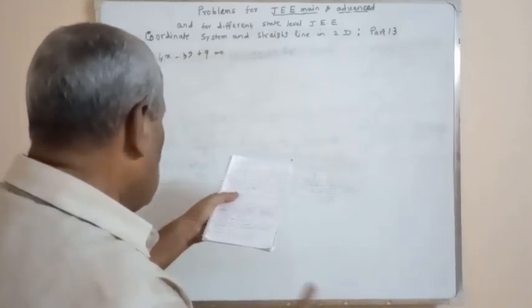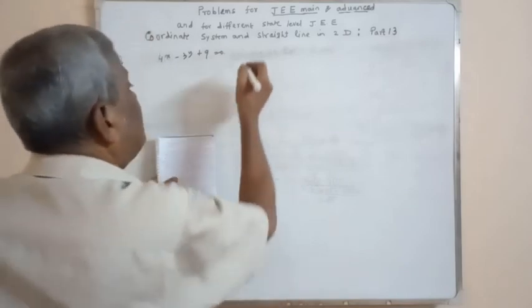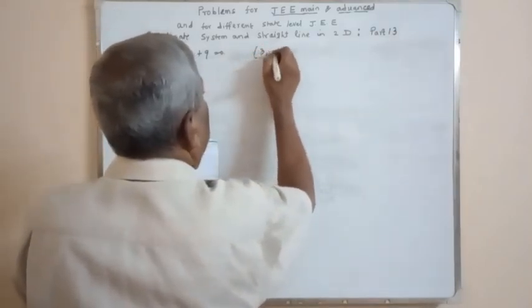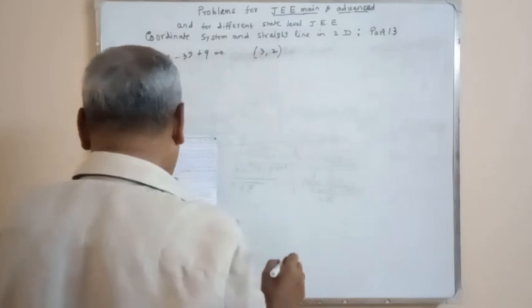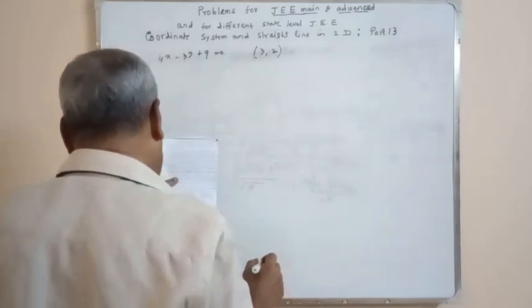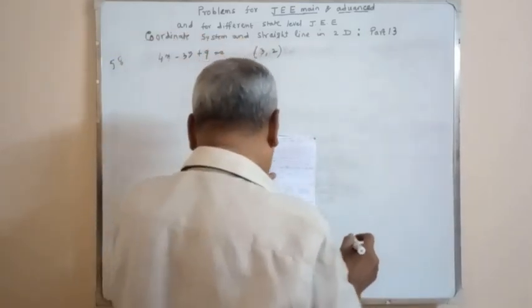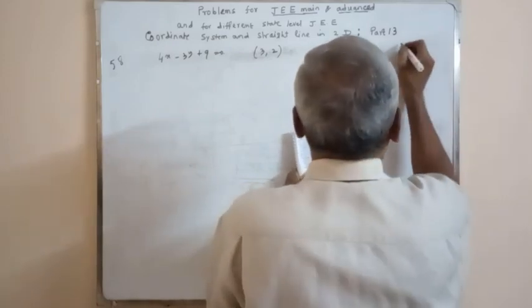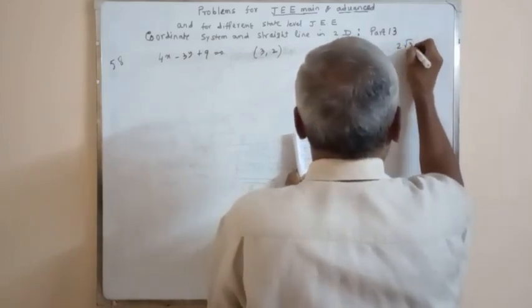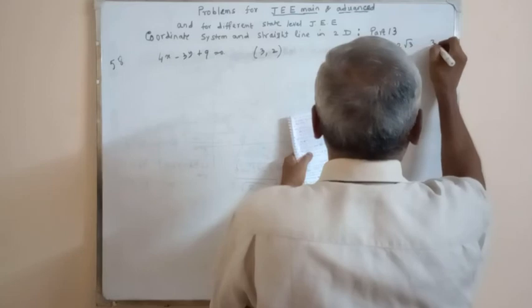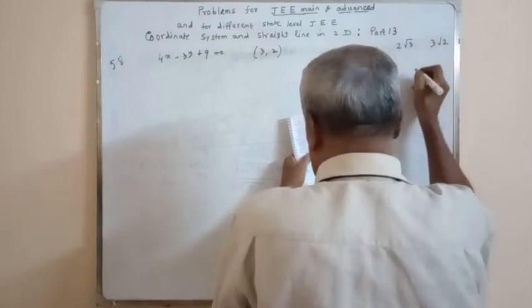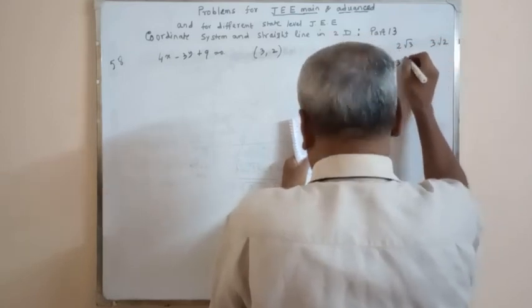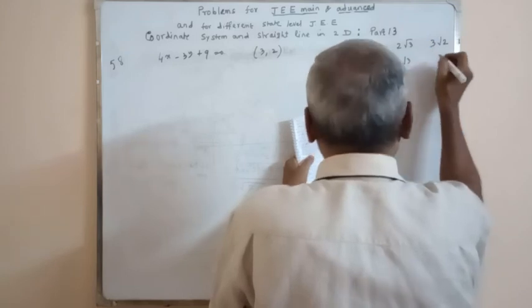If its opposite vertex is at (3, 2), then the length of each side of the triangle. Options: 2 root 3, 3 root 2, 3 root 3, and 6.